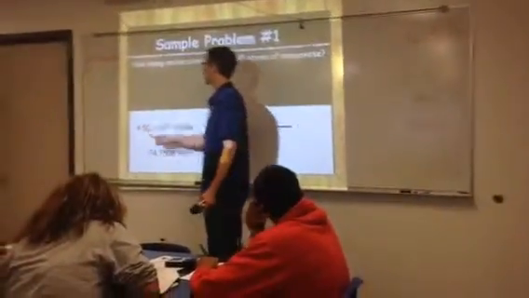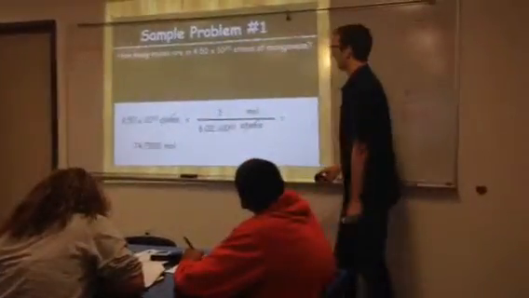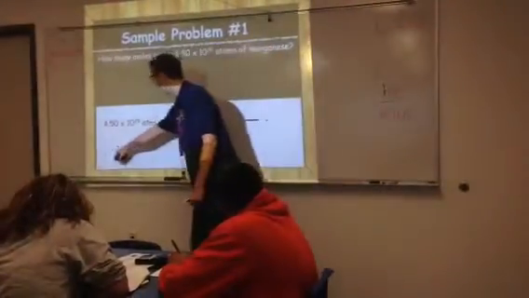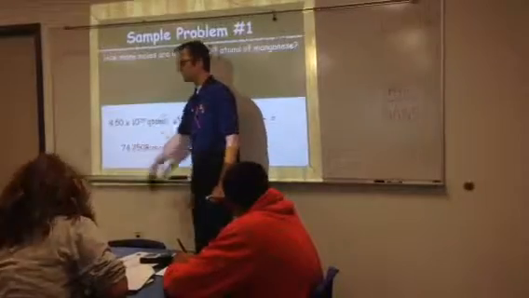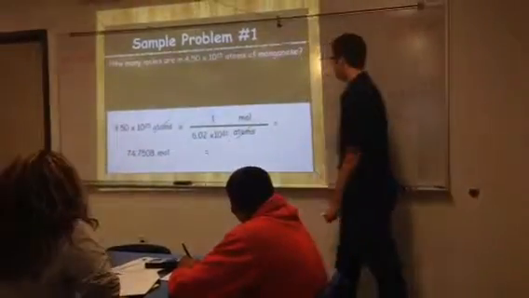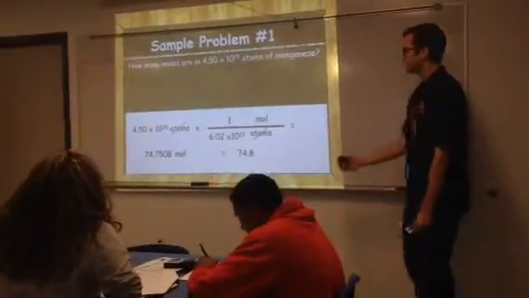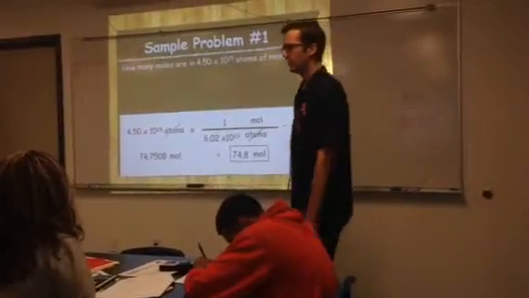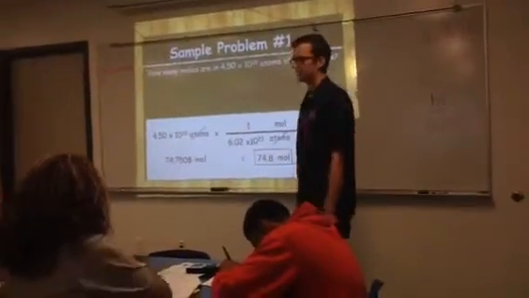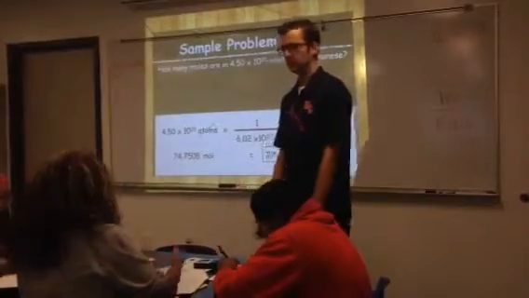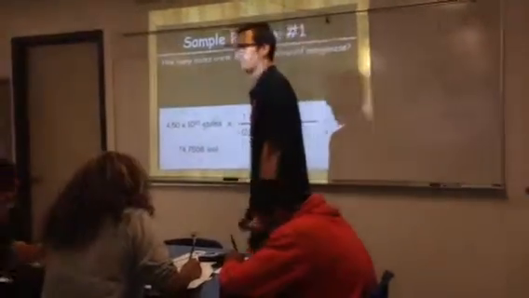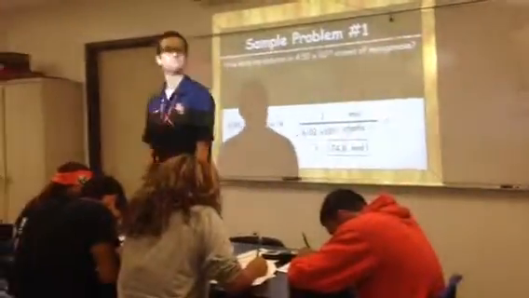So our final answer here, we go 1, 2, 3. Does the 5 round the 7 up or down? Up. So it's going to be 74.8 moles. That is your final answer because it has units and because it has significant figures. You need to put your answer in significant figures every single time.